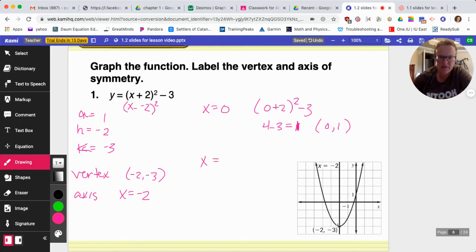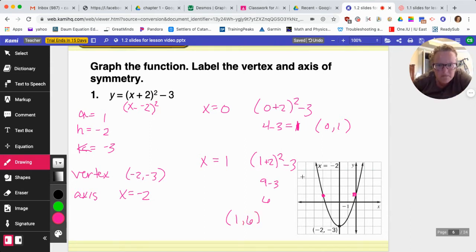We plot the vertex, we plot the axis. We have x equals 0, 1. Let's go ahead and reflect it over. And then let's just do x equals 1. 1 plus 2 squared minus 3. 3 squared is 9 minus 3, so 6. That means my ordered pair is 1, 6.